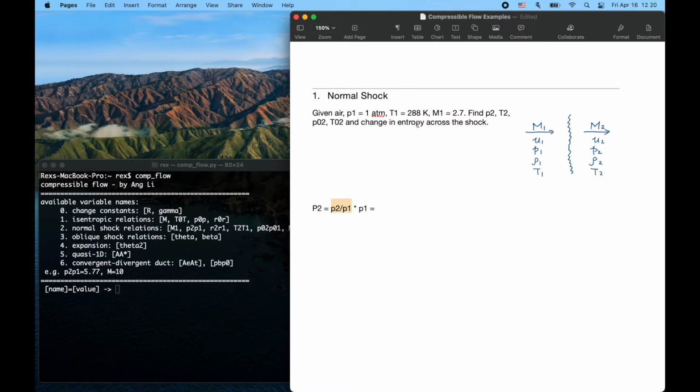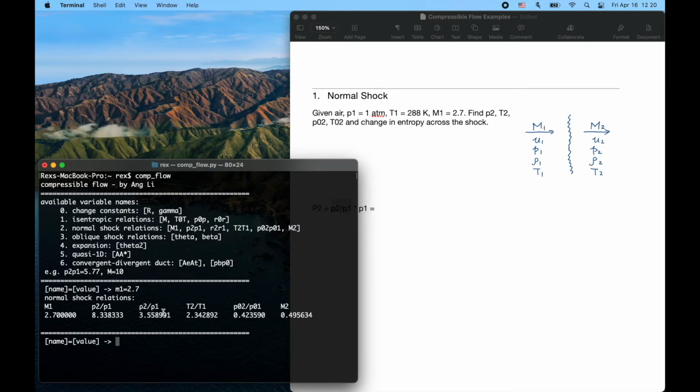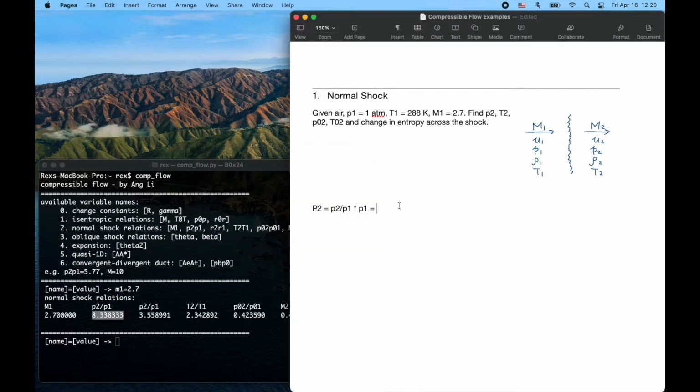This one is determined by M1, so M1 equals 2.7. It gives us this number times 1 atm. So this is simply just that.